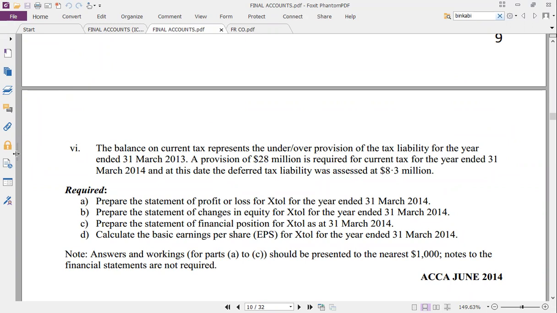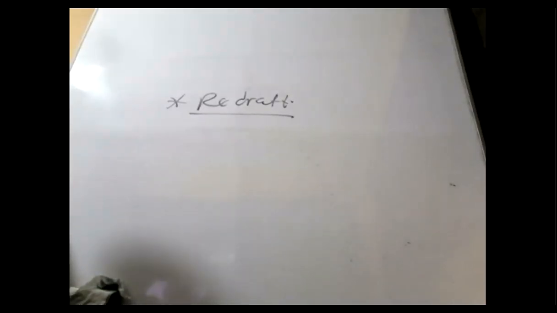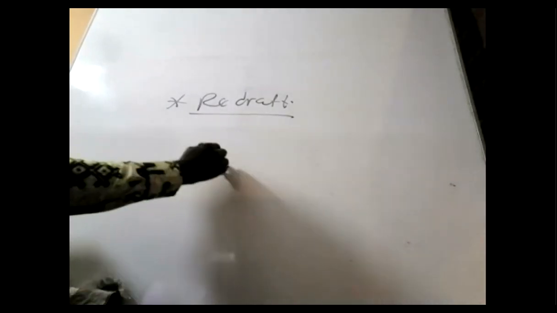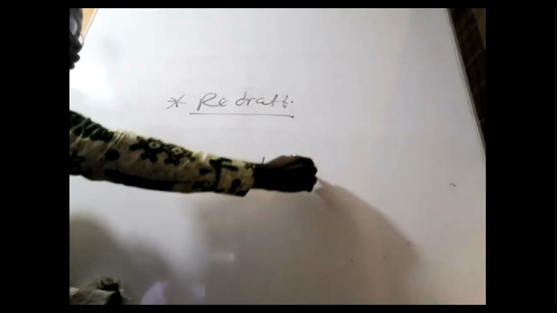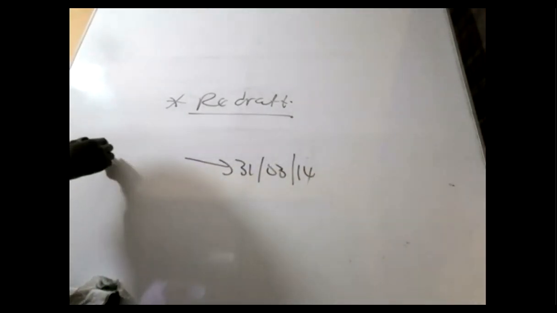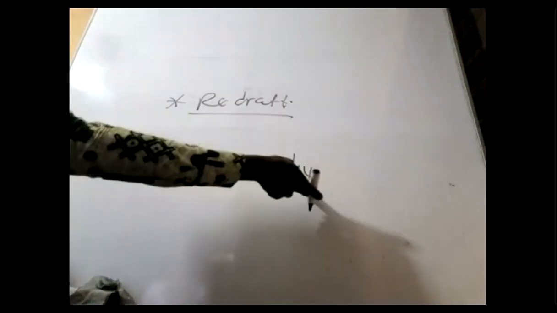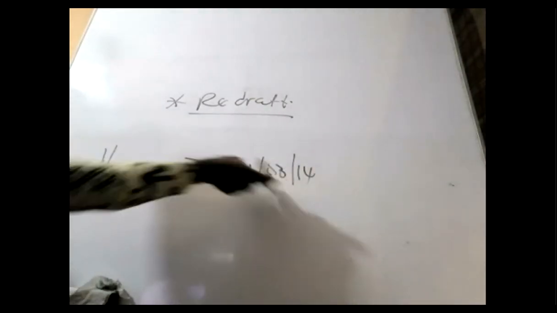Immediately you see 31st March 2014, pause, and then look at the year in question. If the year ends at 31st March 2014, where would the year start from? The year will start from the next day of the previous year.